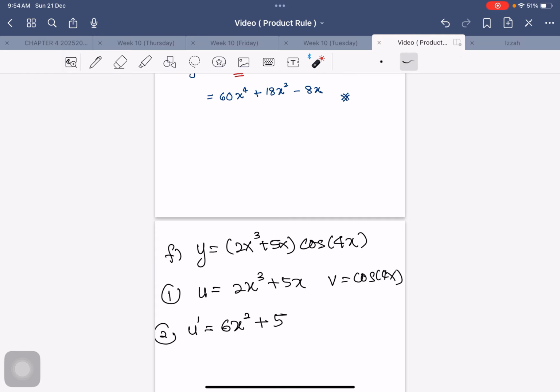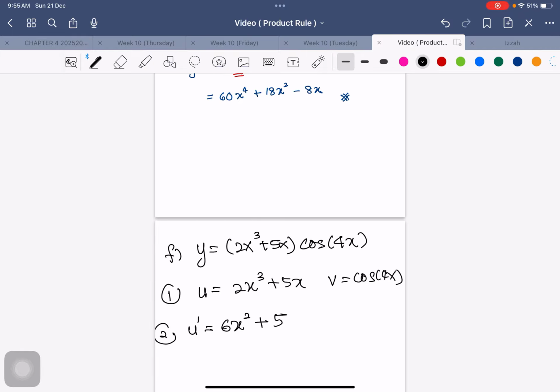Remember, when involve polynomial, bila kita differentiate, power ni mesti berkurang 1. 3 jadi 2. 1 jadi kosong sebab tu tak ada. Okay? Kalau lah you differentiate and you see your power ni sama ataupun makin bertambah, so your differentiation ni must be wrong. Okay, that is how you want to check lah.